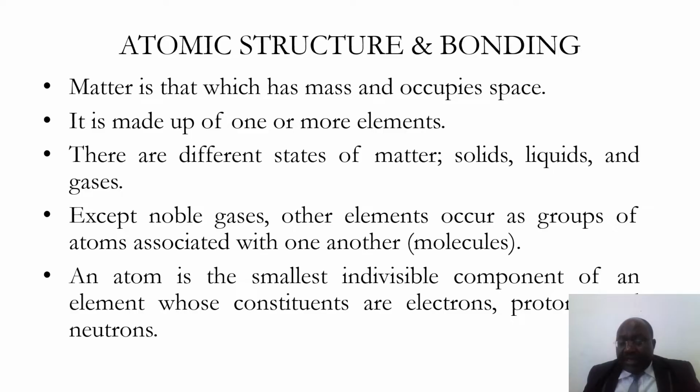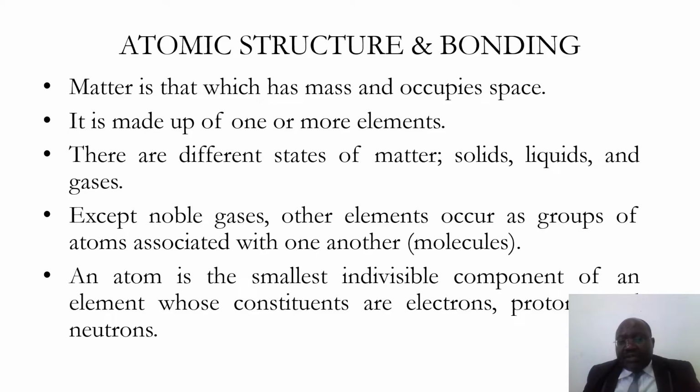These can actually exist as independent states. For example, when we talk about noble gases, in noble gases we sometimes have atoms existing, atoms of those noble gases, whereas in other atoms they come into combination and they give us molecules.